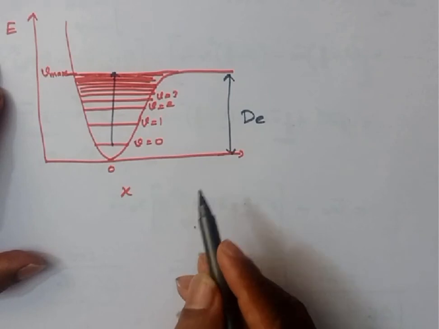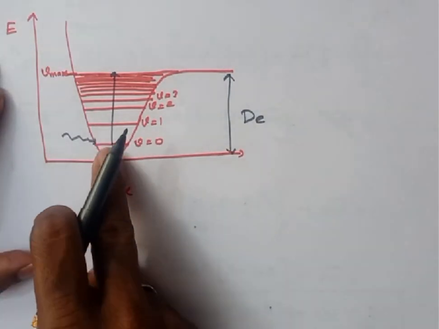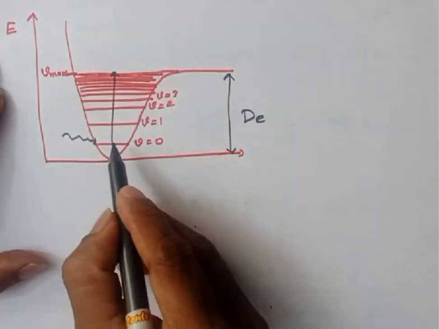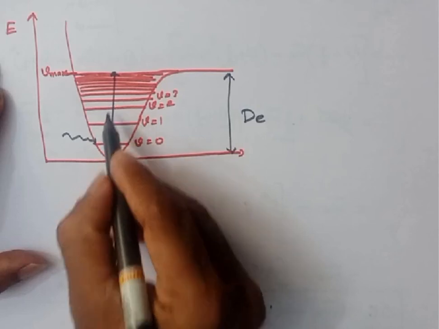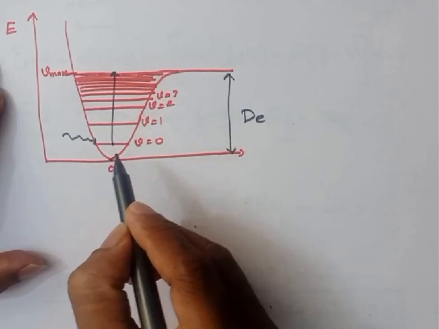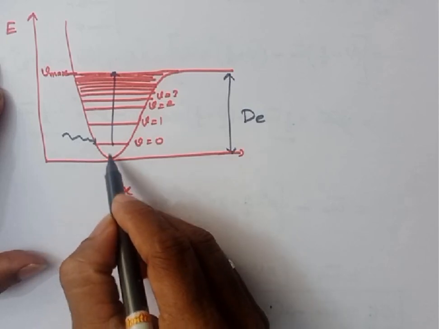If I pass some high energy radiation, then the molecule will move from 0 to here. The molecule may be here, or here, or here. The molecule is never at this point. Suppose the molecule is present here; if I pass radiation, the molecule absorbs the energy here and dissociates.